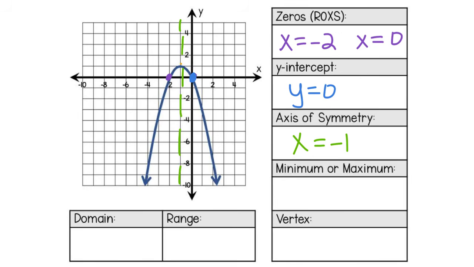Maximum or minimum, so this time it is a maximum because it's at the very top. And I'm going to get the vertex first. If I had to do that as a point, that's -1, 1. Which means that my maximum value is just that y equals 1. Okay, last, let's do our domain and range. There's arrows on both sides, so that means that domain is all real numbers.